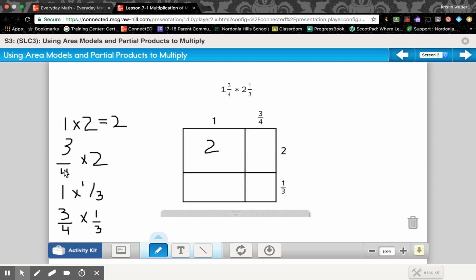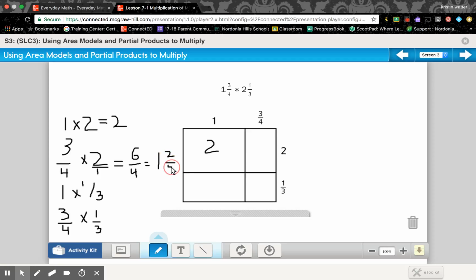Then we have 3/4 times 2. Well, don't forget, this whole number is really over 1. So let's put that over 1 and then multiply across just like we do with fractions. So 3 times 2 is 6. And 4 times 1 is 4. So 6/4, or we know that 4 goes into 6 one whole time with 2 left over.